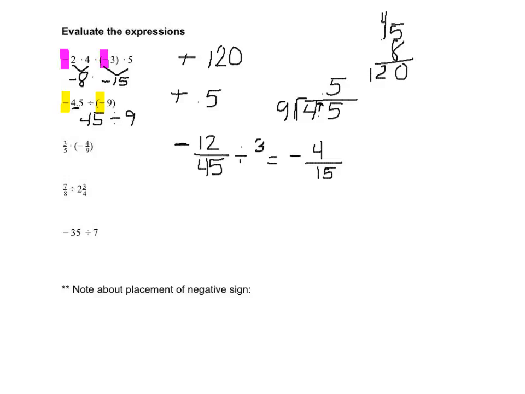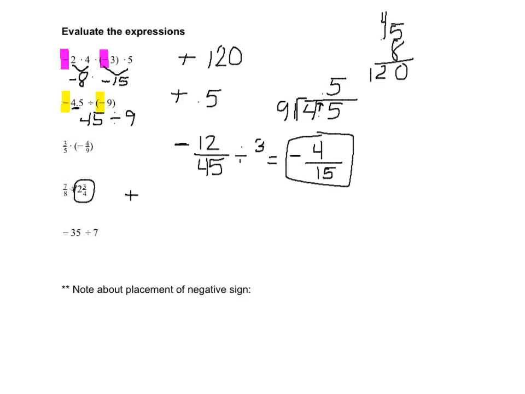Then you always want to ask yourself, could you simplify a little bit more? There's nothing that goes evenly into 4 and 15. So negative 4/15 is my final answer. Let's look at the next one. 7/8 divided by 2 3/4. Both numbers are positive, so my final answer is going to be positive.